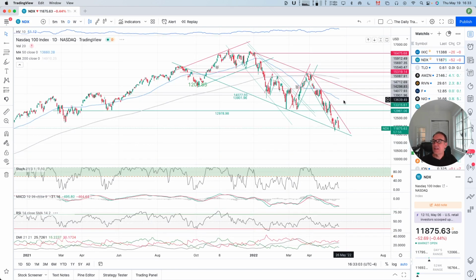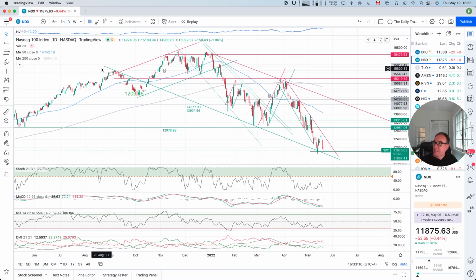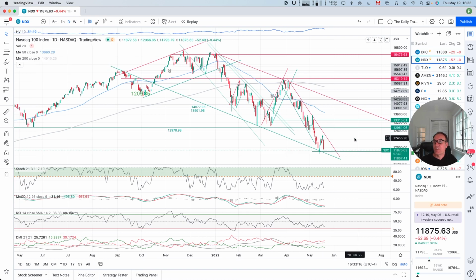Nasdaq 100, same thing. It's stabilizing a little bit for now. You know, we could do it here. It's still inside this downward channel, but this is a very steep downward channel within this bigger downward channel.